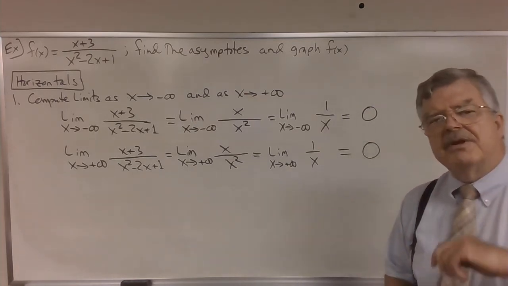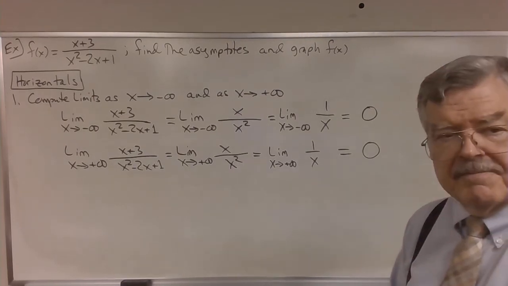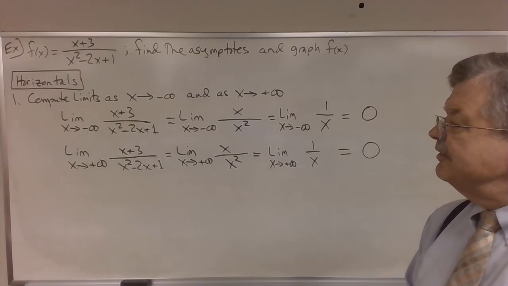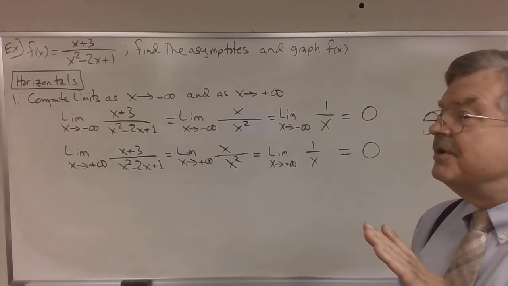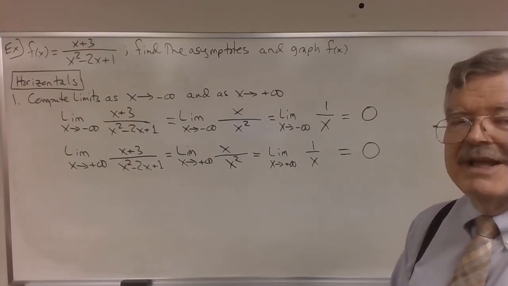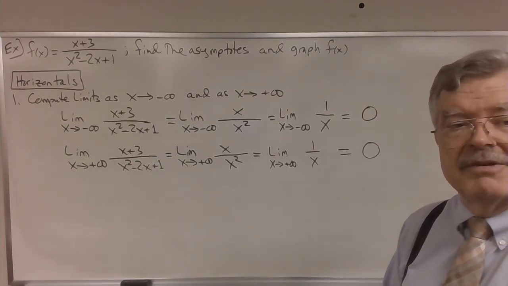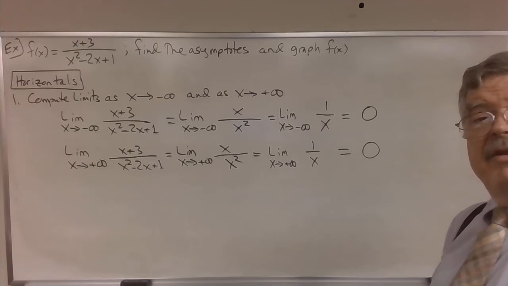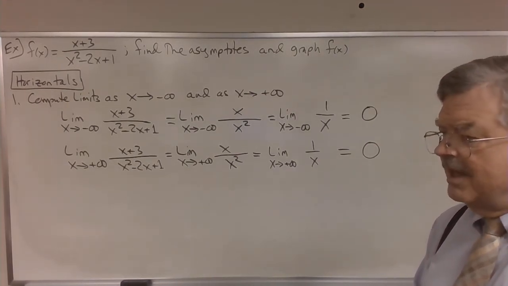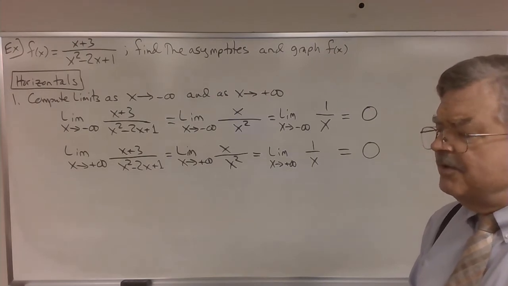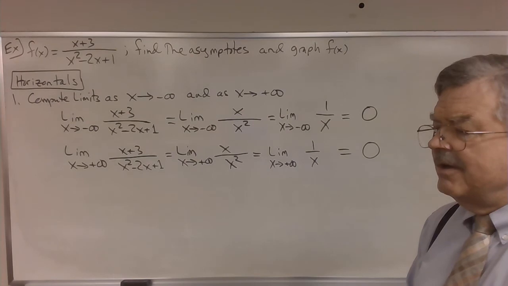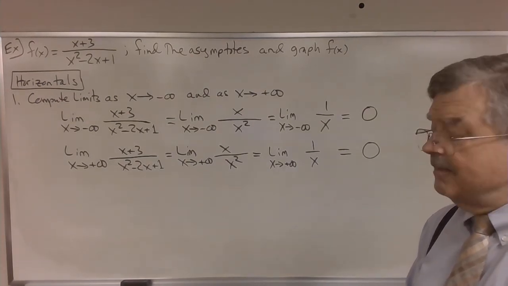Okay, we computed the limits as x approaches negative infinity and as x approaches positive infinity. And they're both 0. What does that tell us? When we compute these limits, how do we know whether we have a horizontal asymptote or not?